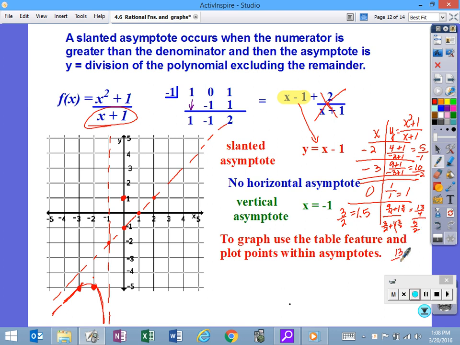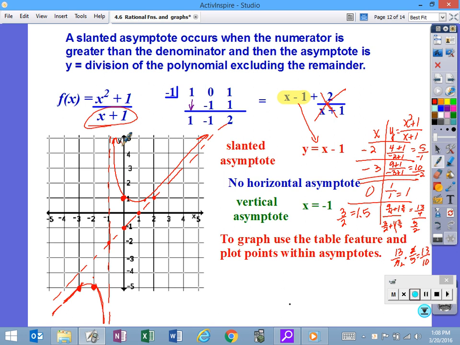So that's 13/4 times 2/5 is 13/10. So 1.5, 13/10 is almost 1. So we're about right there. So again, we can hug through. And we have our slanted asymptote.